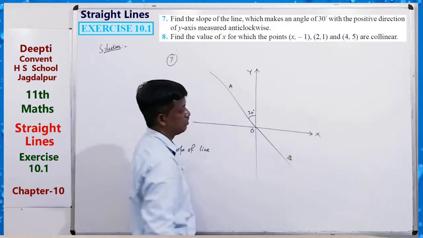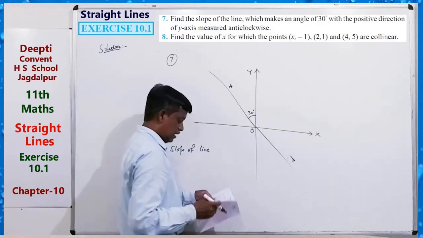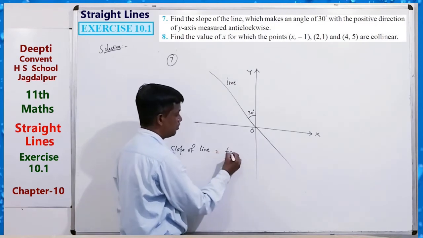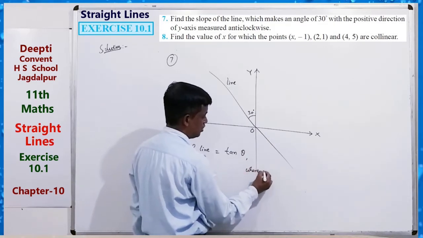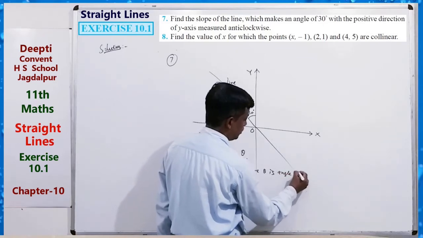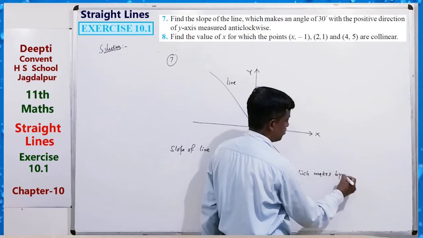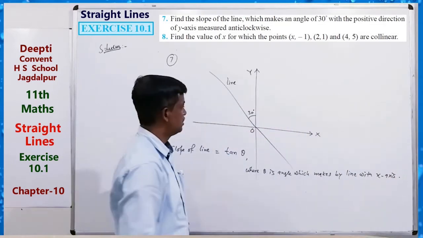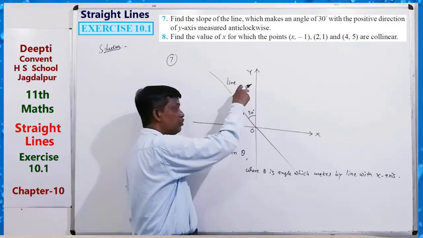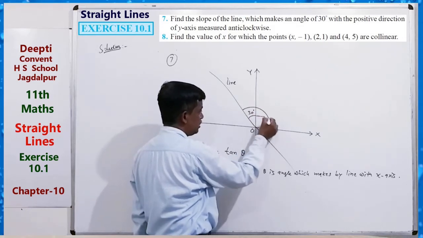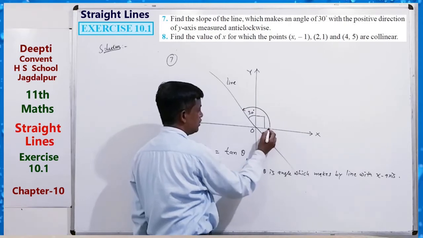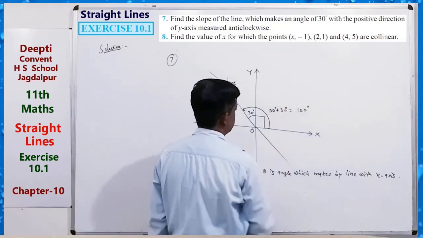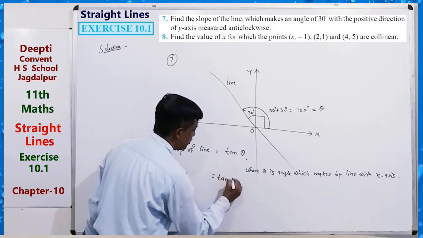The slope of the line is tan theta, where theta is the angle which the line makes with the x-axis. Here the line makes 30 degrees with the y-axis, and this is 90 degrees, so the total angle is 90 plus 30 equals 120. This is theta. So tan of 120 degrees.